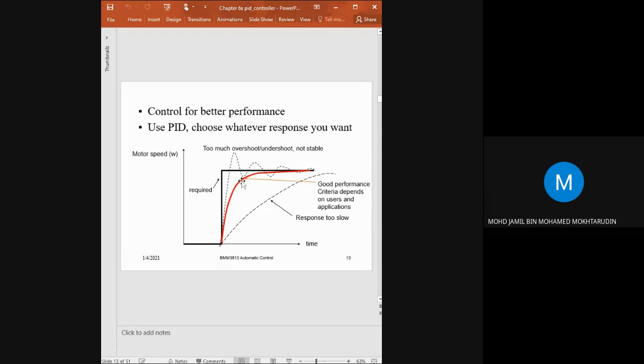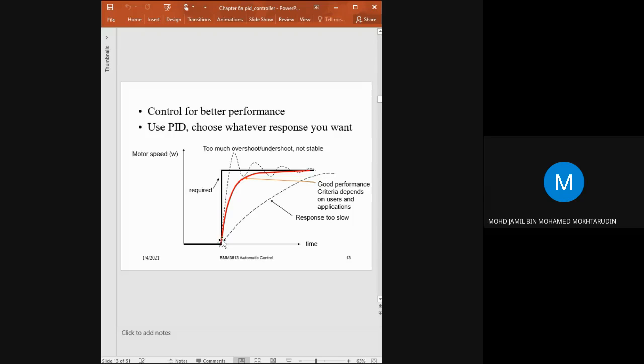Okay. Or possibly a bit higher. Okay, so if you tune PID controller later, then the best graph is the red line here. Okay, so we don't want the system to have this dotted line here, has too much overshoot or undershoot, and stable, but it will take some time to reach a steady state.